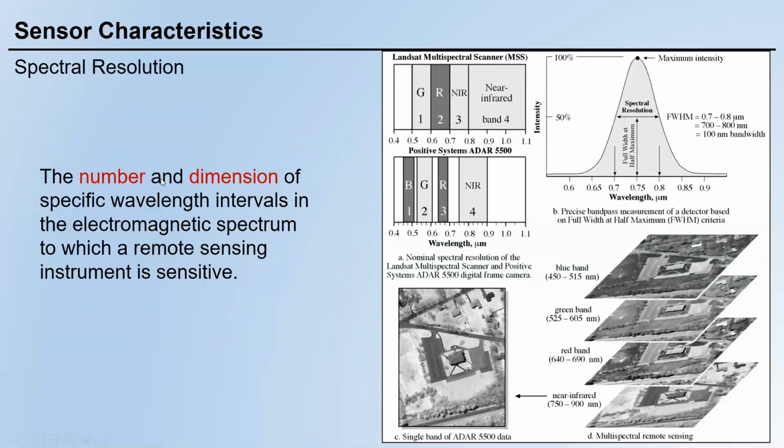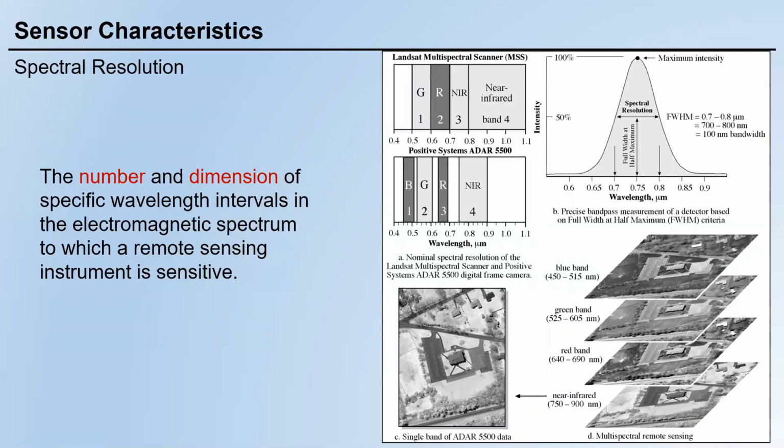So if we have two sensors, sensor A and sensor B, sensor A has 10 bands that it can observe. It can retrieve information from 10 bands. Sensor B has 200 bands.